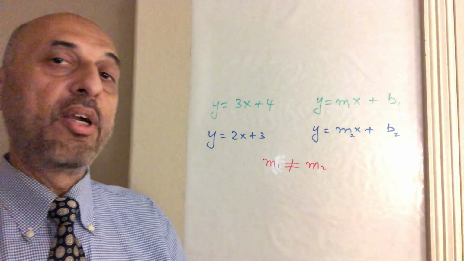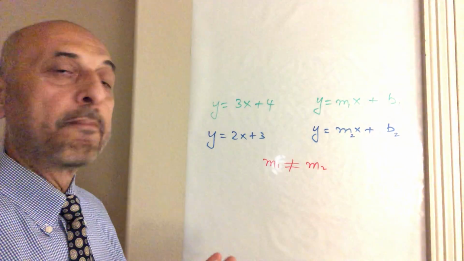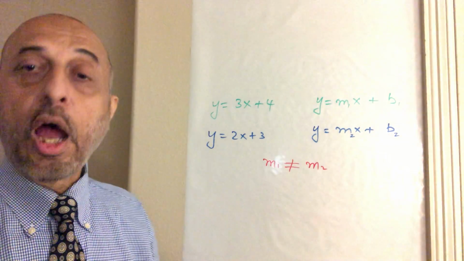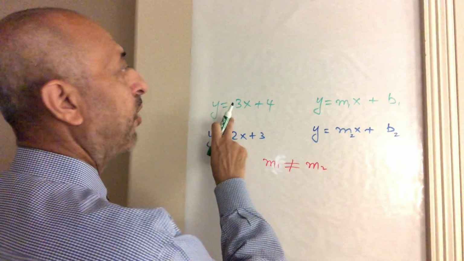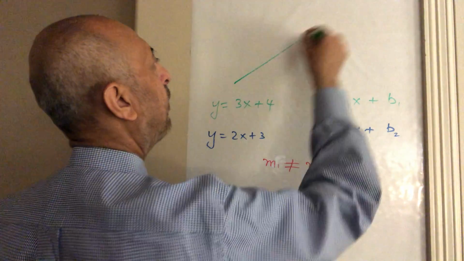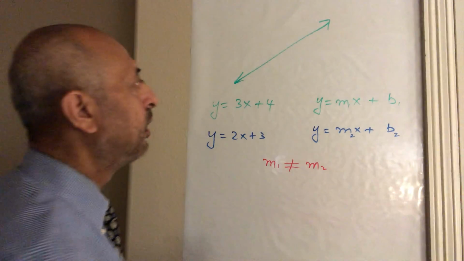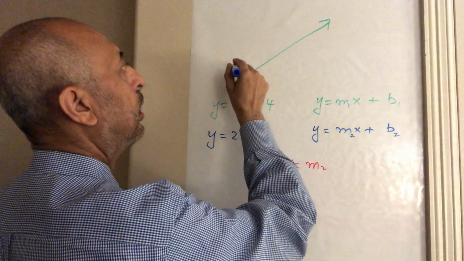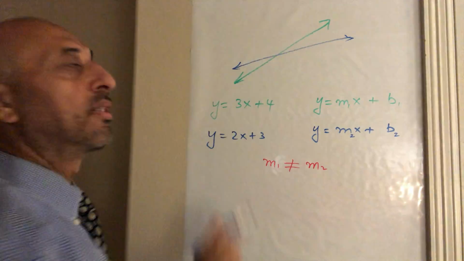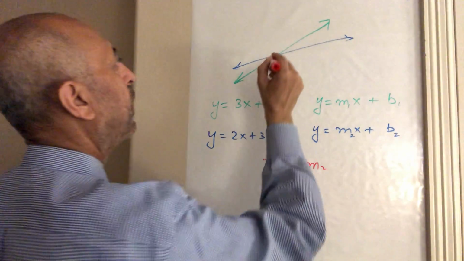When the slopes are different, the situation this will create is you will get two lines that intersect each other. So, arbitrarily speaking, if I say the first equation y equals 3x plus 4 forms a line that looks like this, and the second equation y equals 2x plus 3 looks like, say, this, then as you can see, they intersect at a specific point, and that is their point of intersection.